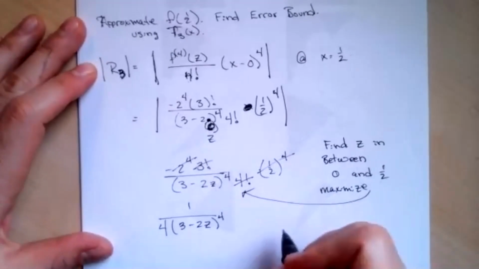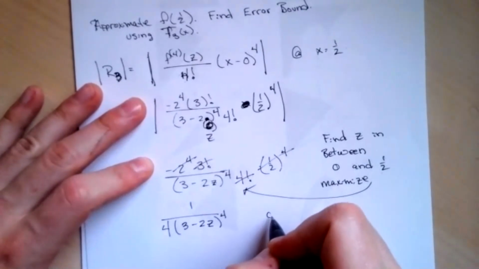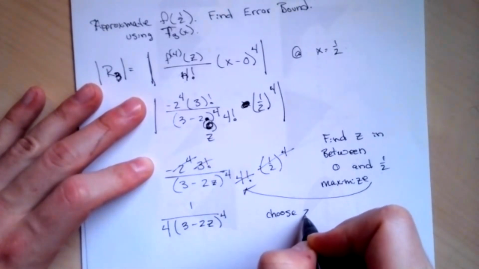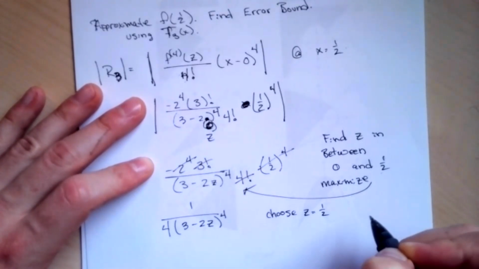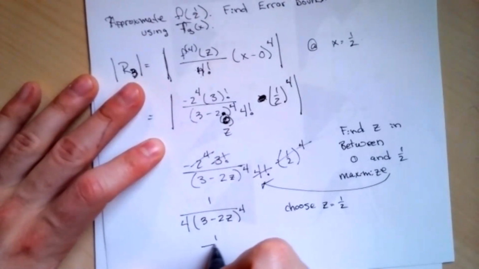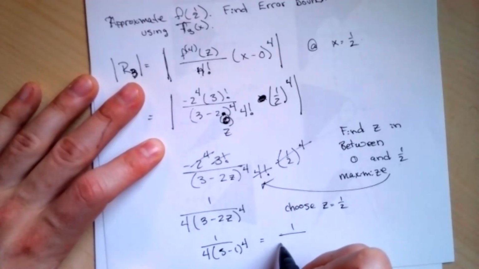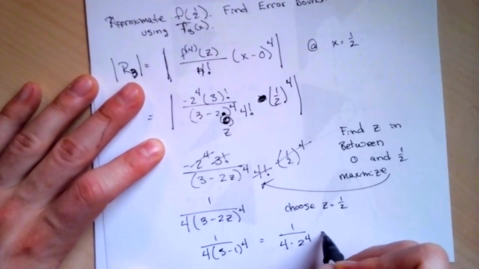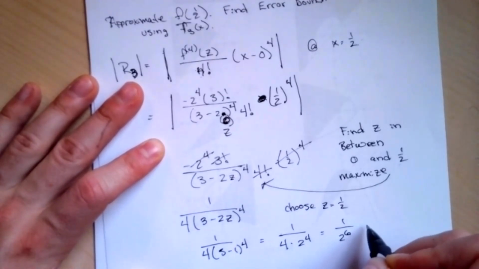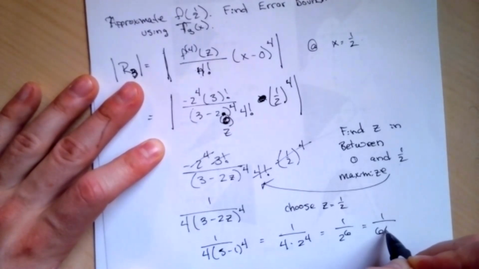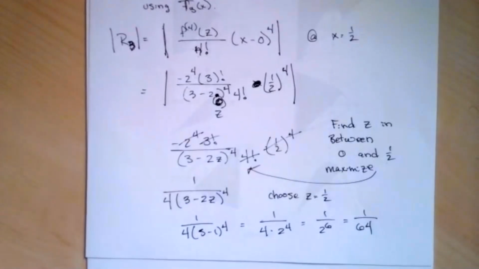So we want to choose that endpoint. So our error bound is 1 over 64. Makes sense. Thank you very much.